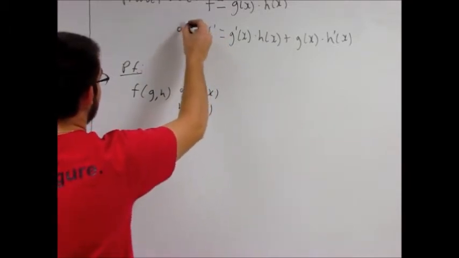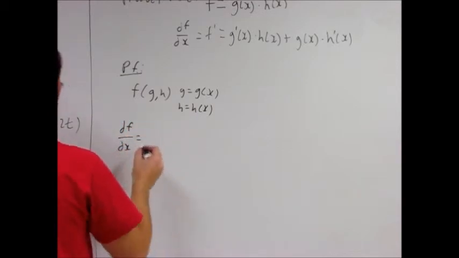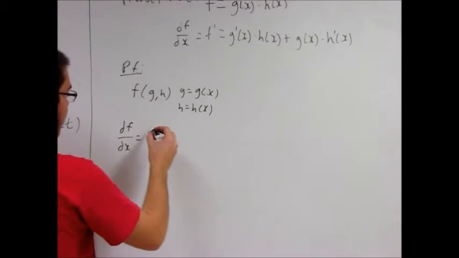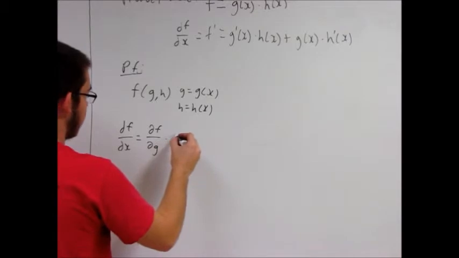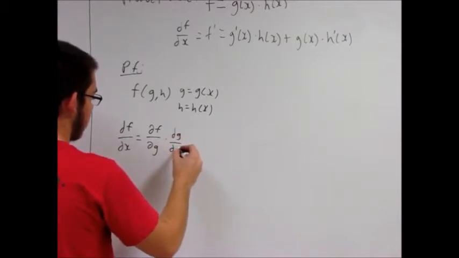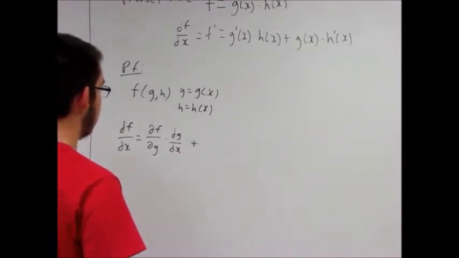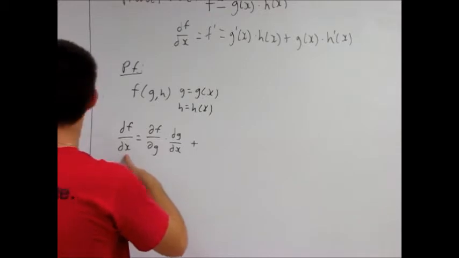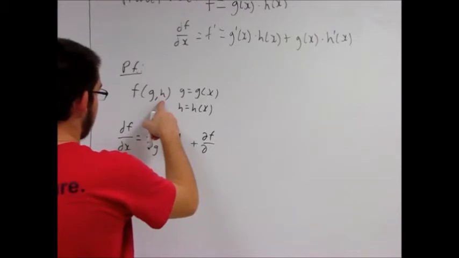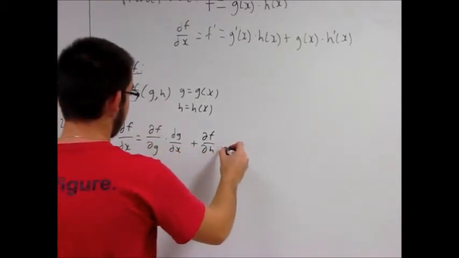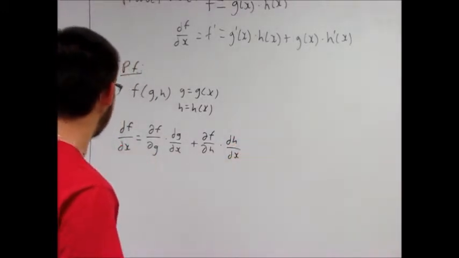Here, the formula tells us that it will be the partial derivative of f with respect to the first variable g times derivative of g with respect to x plus the partial derivative of f with respect to the second variable times the derivative of the second variable with respect to x, the final variable.